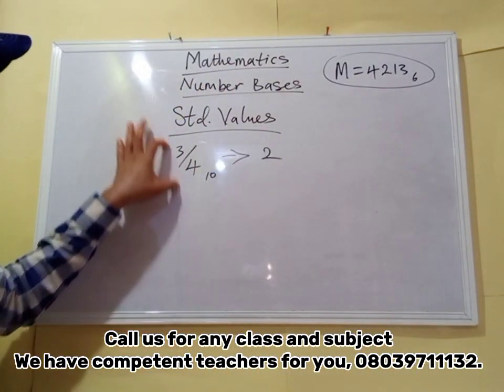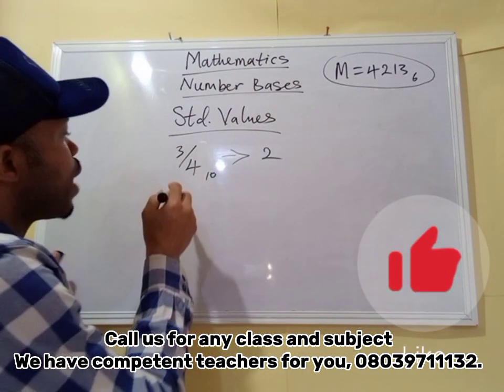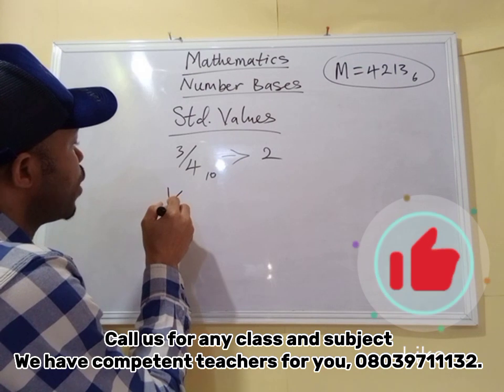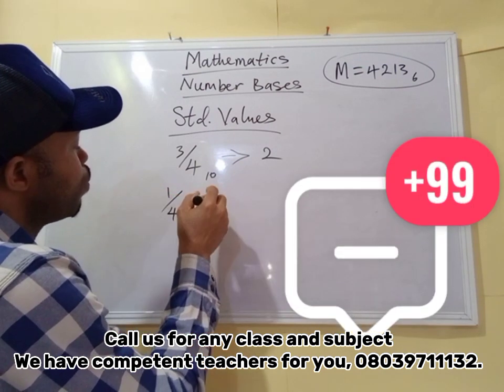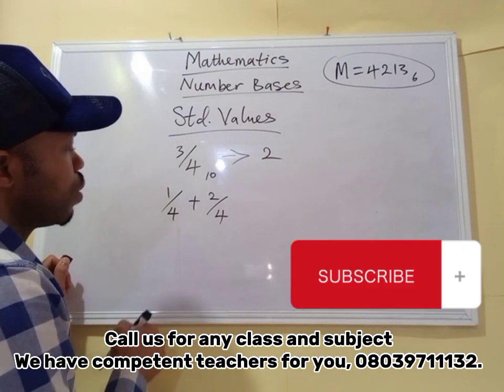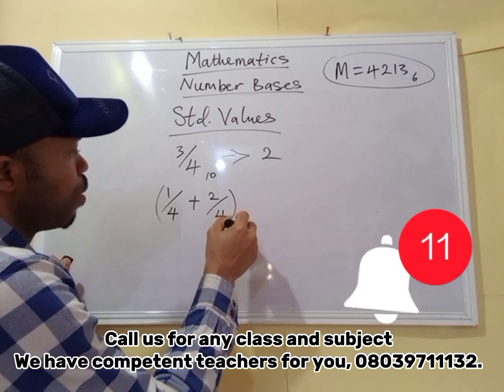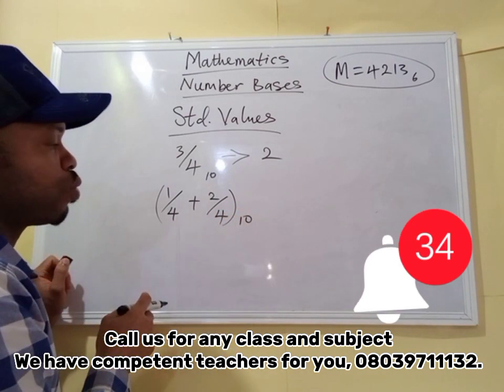Now this is not in the standard we're given, but we can break it down. So 3 over 4 can be broken down into 1 over 4 plus 2 over 4. They are all in base 10. We are trying to convert it to base 2.